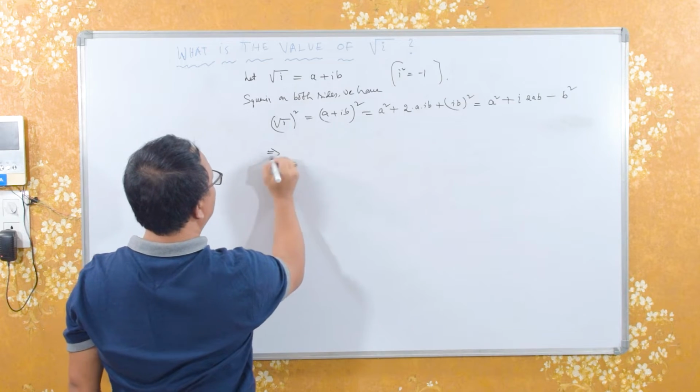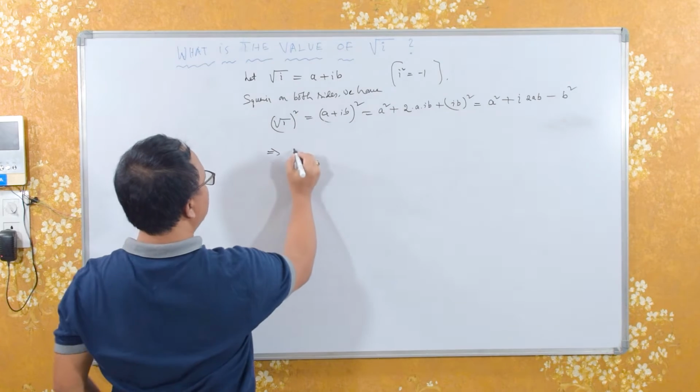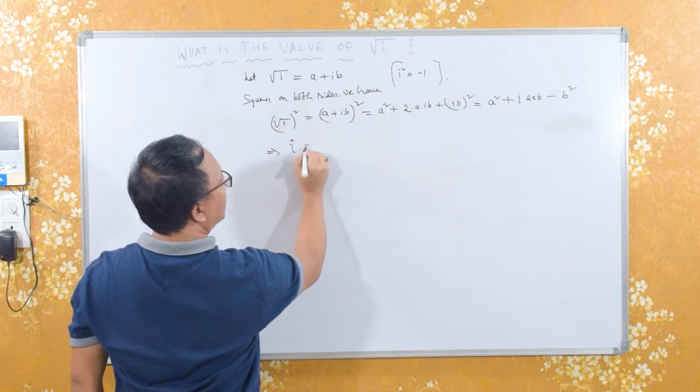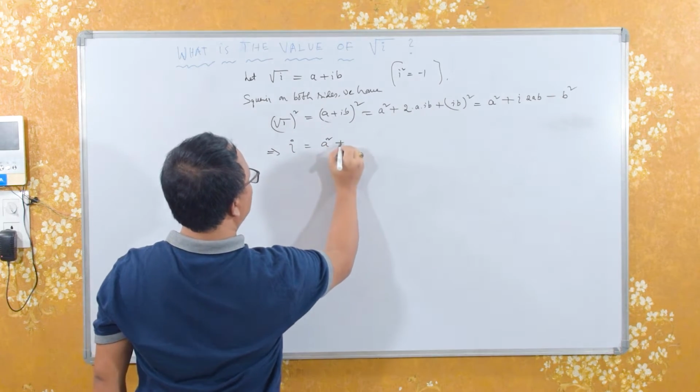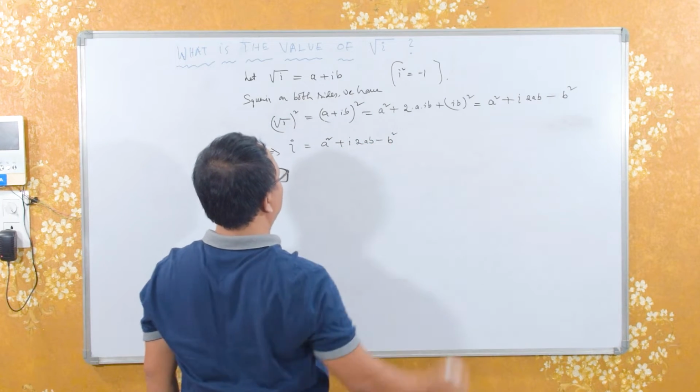On the right hand side, the square root and square get cancelled. We have i = a² + i·2ab − b².